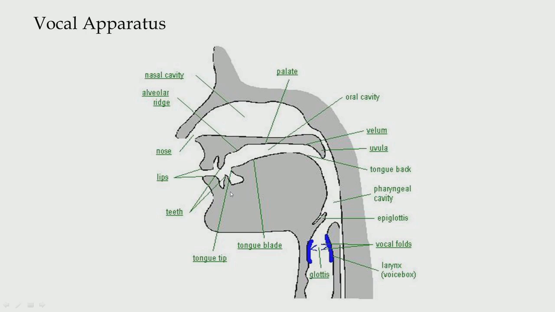Pa. All right? Now, these are the places of articulation in the oral cavity for the four sounds that we have just discussed.